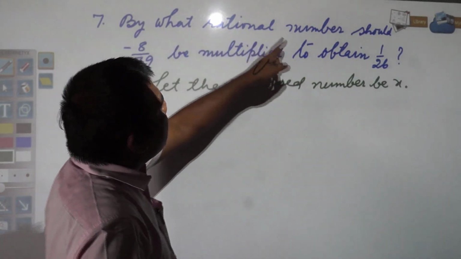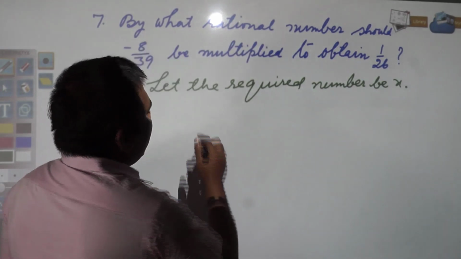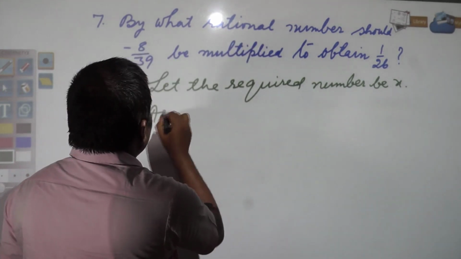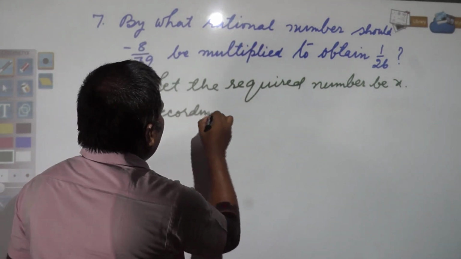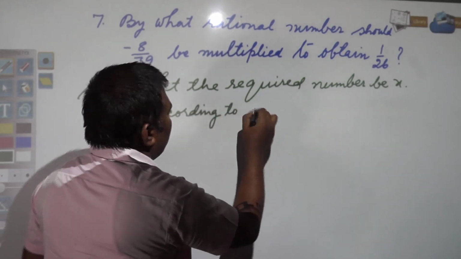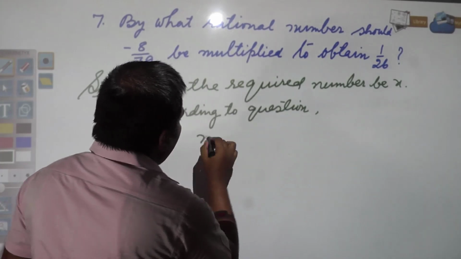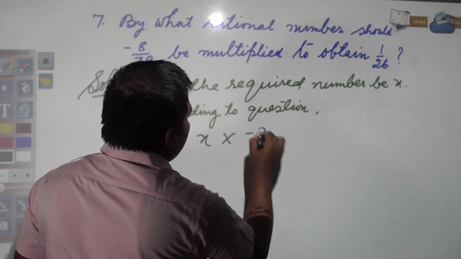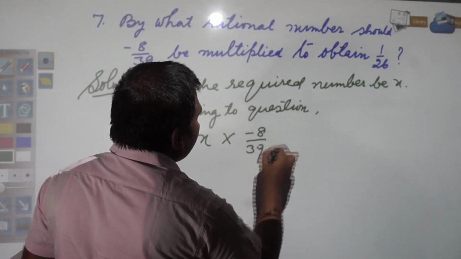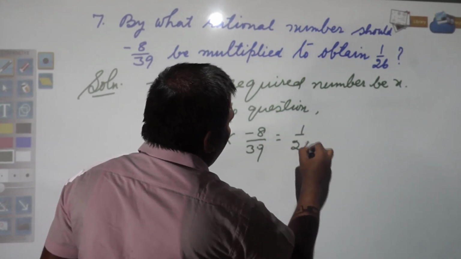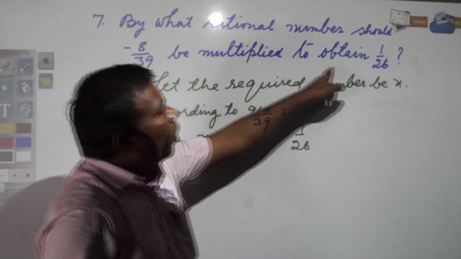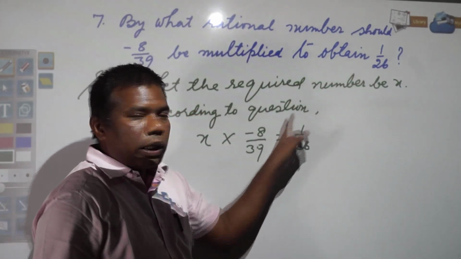Then by what rational number should this be multiplied? So according to the question, x into minus 8 by 39 is equal to 1 by 26. To obtain means this product you should get.